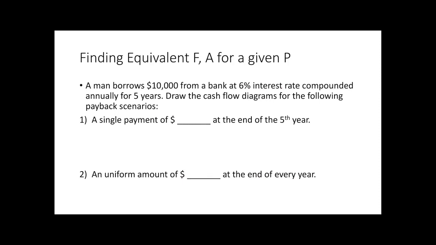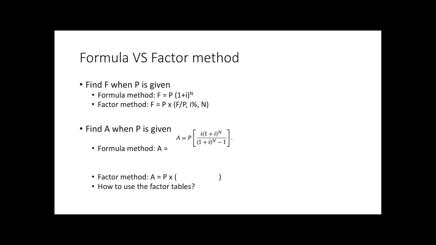Okay, so starting from here, you want to know how do you find equivalent values at different times for all the cash flows on the diagram. And this one is to find the future value given A, the future value given P, or the future annuity given P, okay?